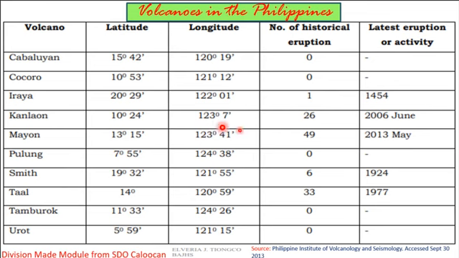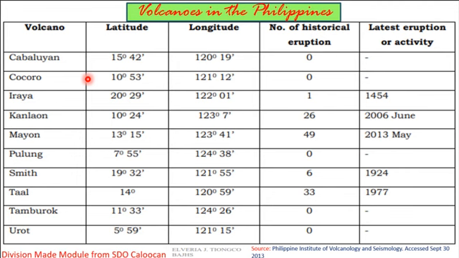In this diagram, you can see that the number of eruptions of volcanoes varies from one another. And you can see here also the latest activity made by each volcano. Through the latitude and longitude of each volcano, we can detect where they are in the Philippines. So that is the activity that we are going to have today.